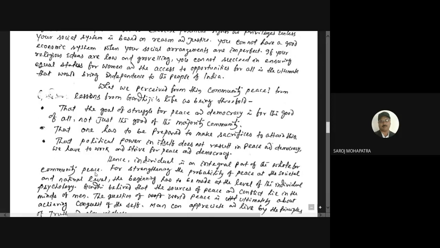So what we perceived from this community peace, from lessons from Gandhi's life, is threefold. The first is that the goal of the struggle for peace and democracy is for the good of all.